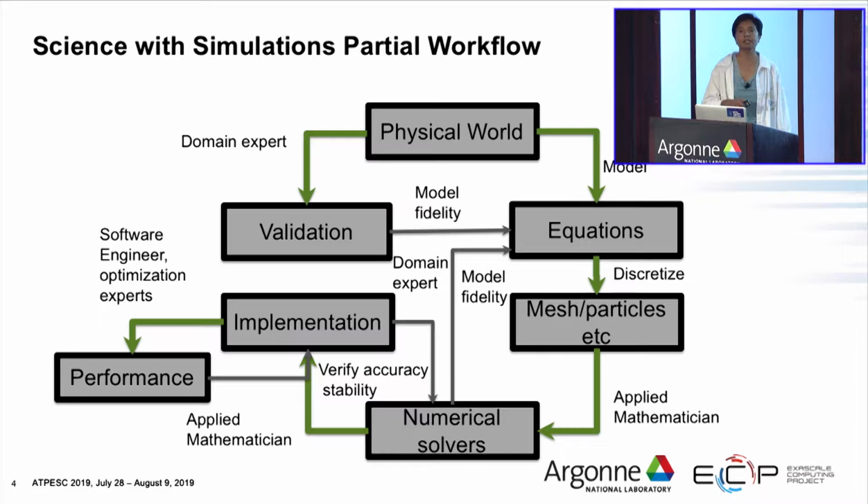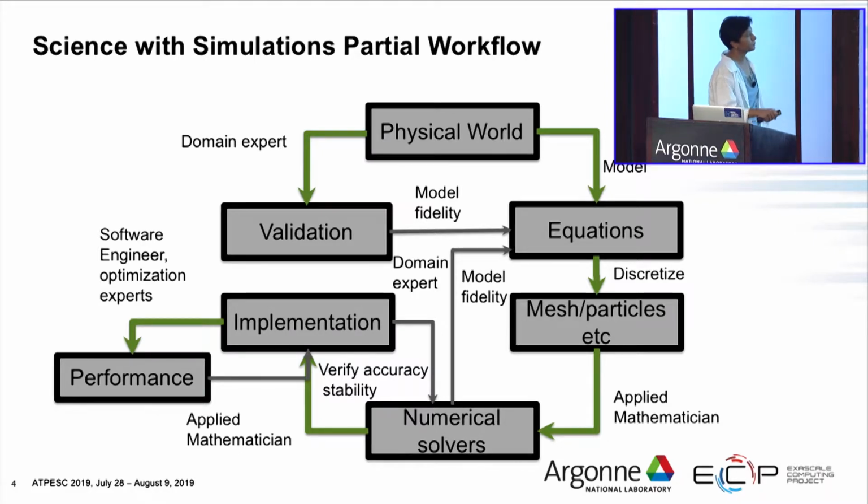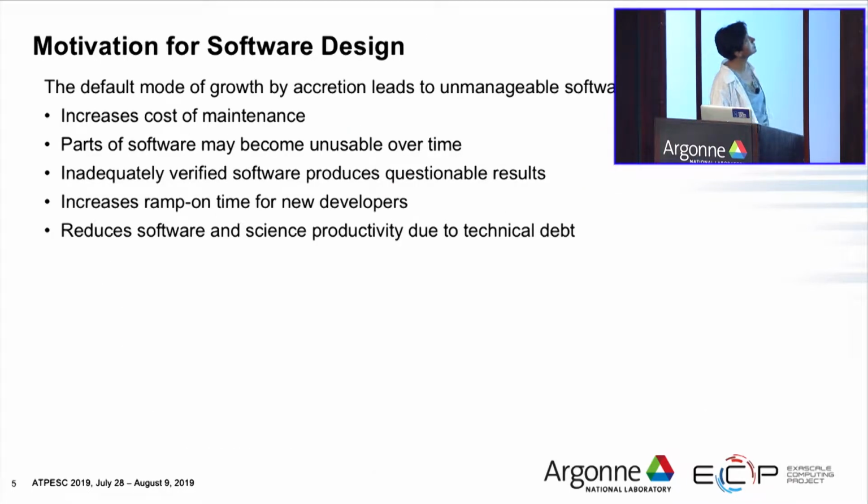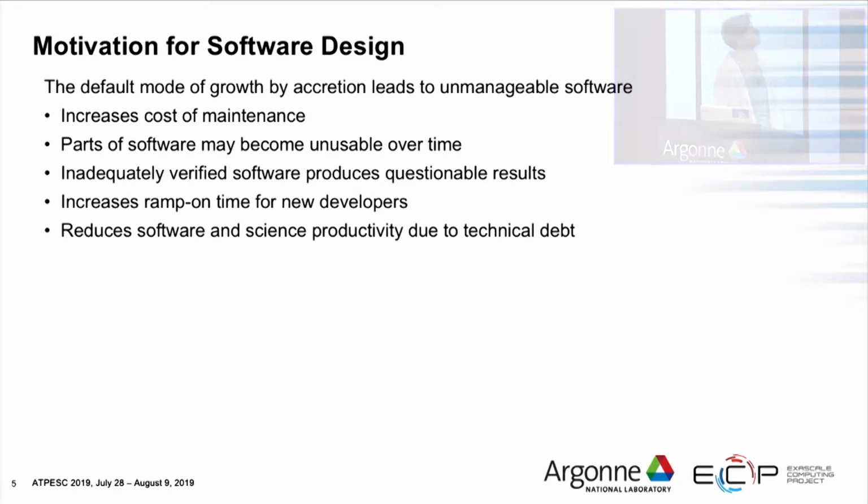So the takeaway from this figure is that many different kinds of expertise are needed for the majority of the scientific codes that are in play today, especially at extreme scale, right? And so this is what gives us the motivation for software design partly.